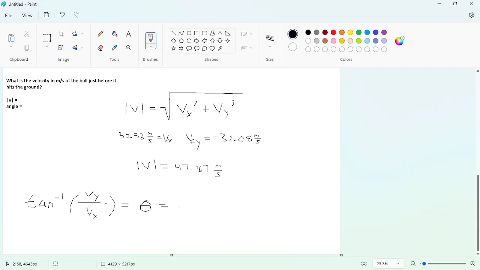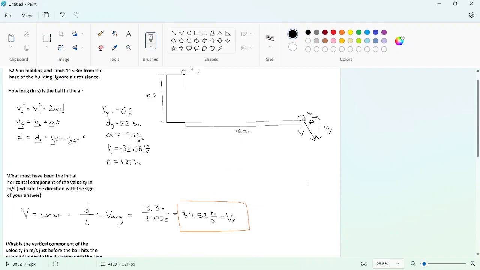We get that the angle is equal to negative 42.08 degrees. Does this make sense? Well, negative 42.08 degrees will be here. This is 45. 42 will be right about here, very close to 45, which does look a lot like what we have here.